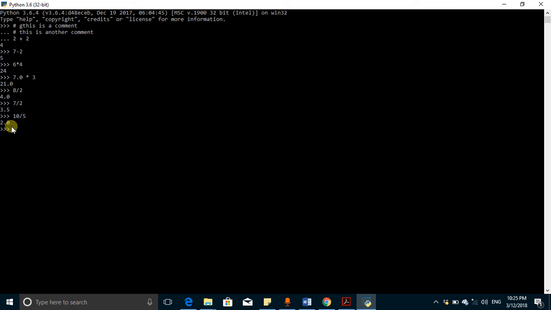If you want to discard this fractional part, there is a syntax in the Python interpreter. You can use double slash instead of single slash. Like I write here 10 double slash 5, then this fractional part will be discarded. The answer is 2. Similarly, if I write 7 double slash 2, the answer will be 3.